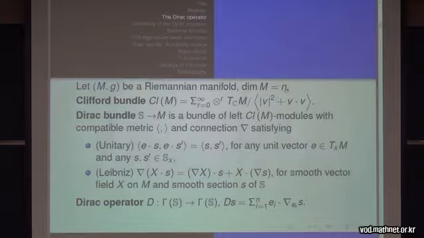And we know by definition that the Levi-Civita connection on the tangent bundle induces a connection on this quotient, because the Levi-Civita connection preserves this ideal. So on a Dirac bundle, we can define the Dirac operator by the connection and the Clifford action.